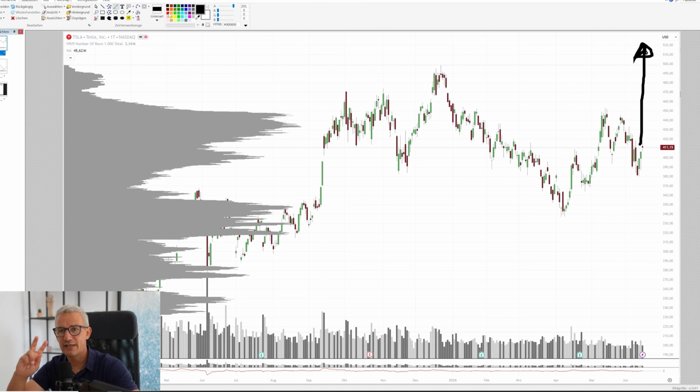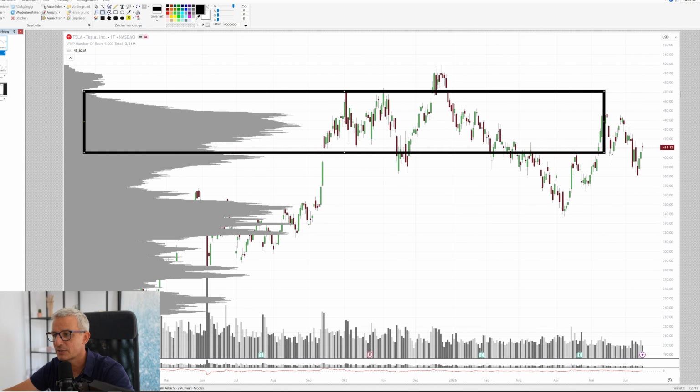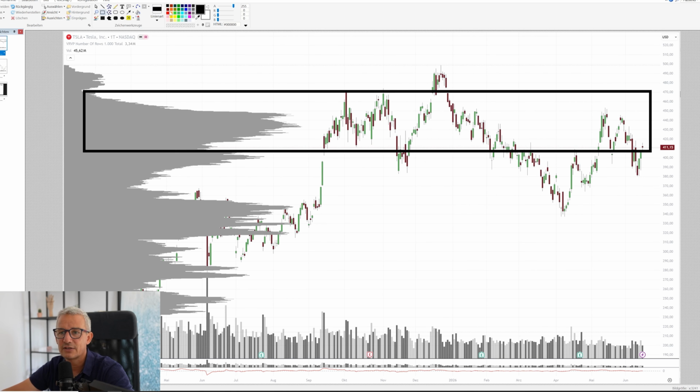Now, in a swing trading approach, I can say, well, currently Tesla is a company that has a certain stability. And now, for example, I'll take the corresponding profiling here and start doing a technical analysis for the first time and see, okay, here and here are so-called volume clusters where major market participants feel comfortable.